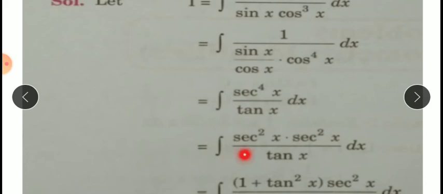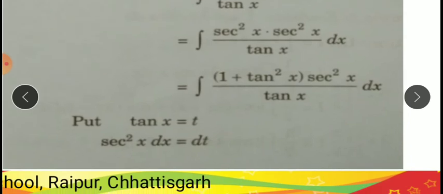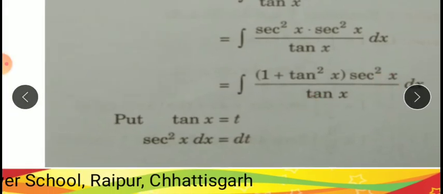Integration sec raised to 4x can be written as sec square x into sec square x upon tan x. Again, we know the formula sec square x is equal to 1 plus tan square x, into sec square x upon tan x.